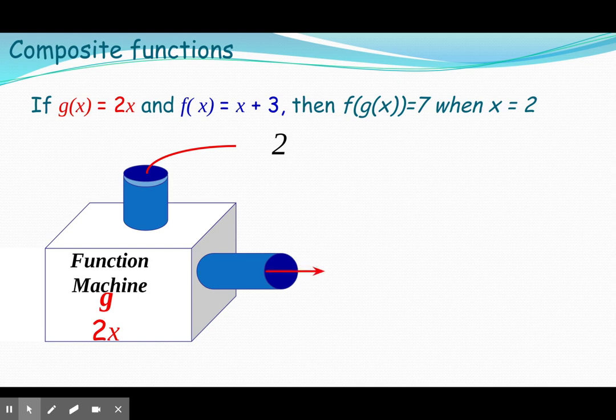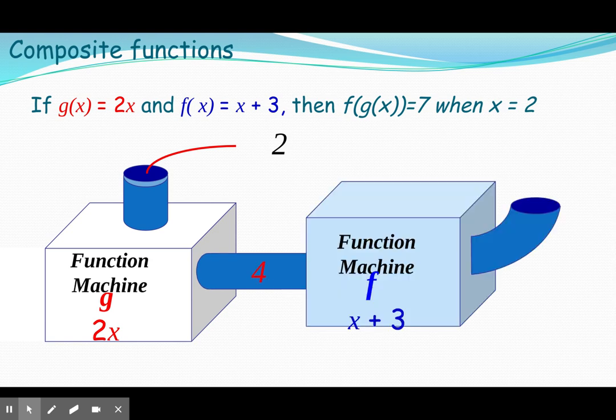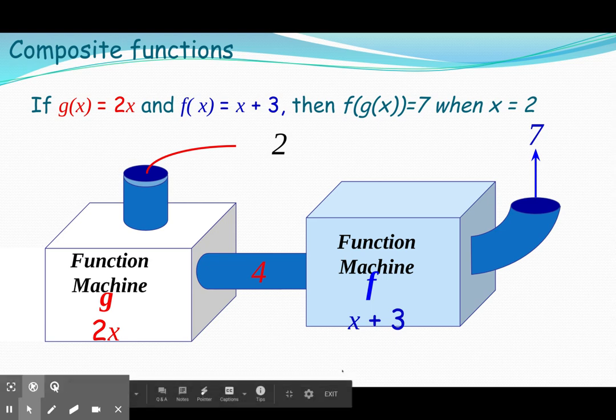That 2 gets changed by the function rule 2x to 4, which is the output. That output goes into function machine f, which is x plus 3. So 4 plus 3 changes it to a final output of 7. That is how a composite function works.